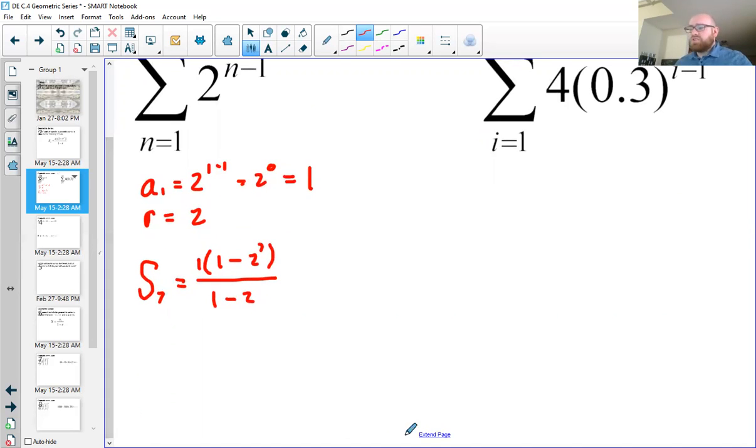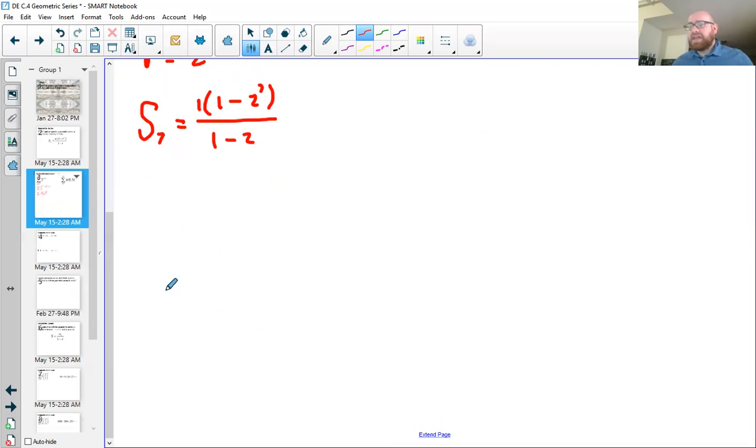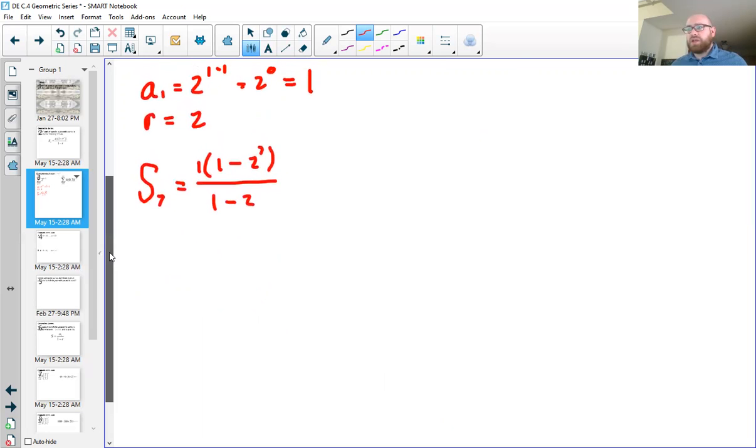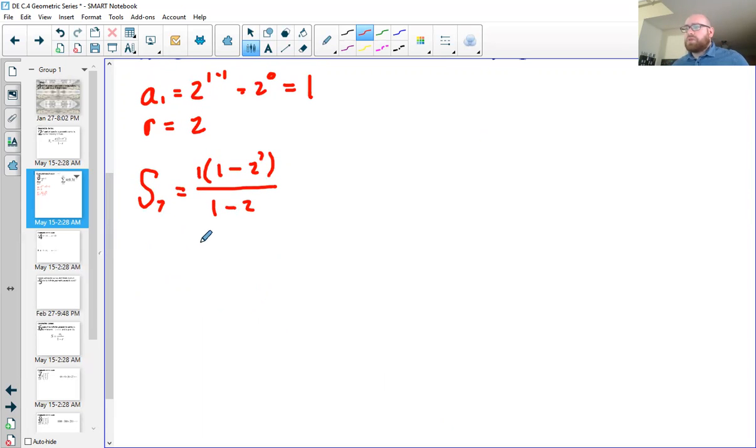Now, since this is the first one we're doing, I'll simplify it by hand. But in general, we can just plug it into a calculator. So 2 to the 7th power is 128. So on the numerator, we have 1 minus 128. And in the denominator, we have 1 minus 2. Notice that this 1 that was our first term disappears because we're just multiplying by 1.